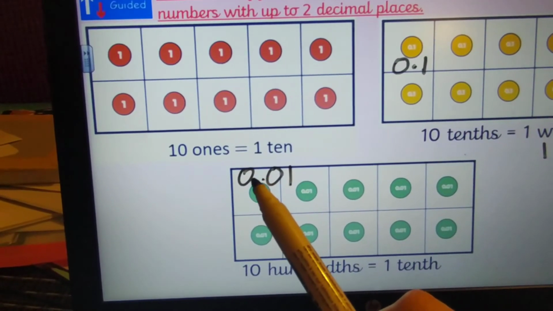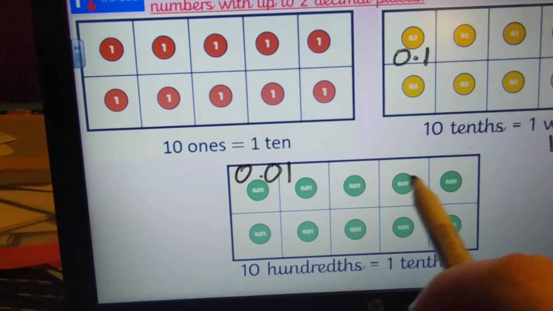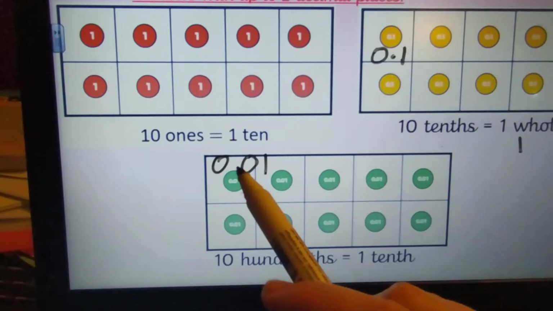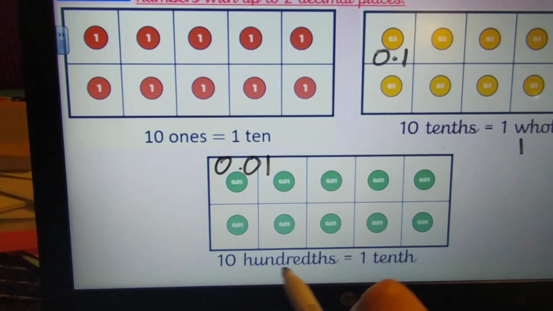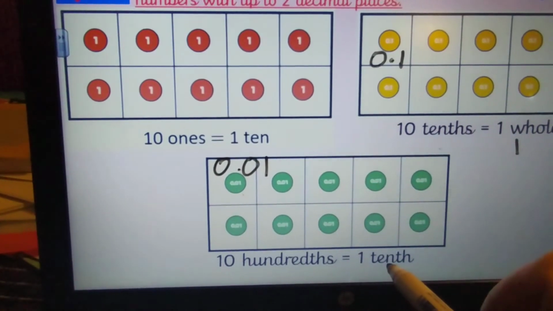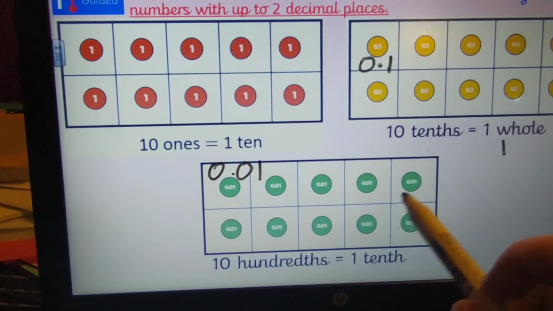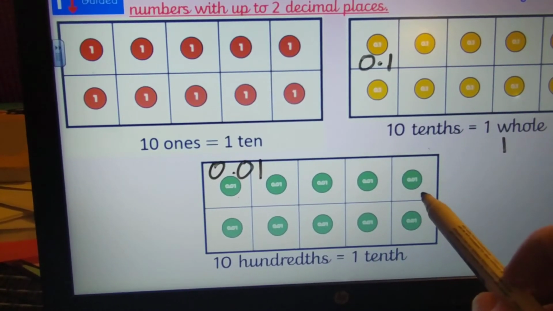So we've got 0.01 10 times. That gives us 10 hundredths, which is equal to 1/10. So this is the smallest amount here that we're dealing with today, 0.01.